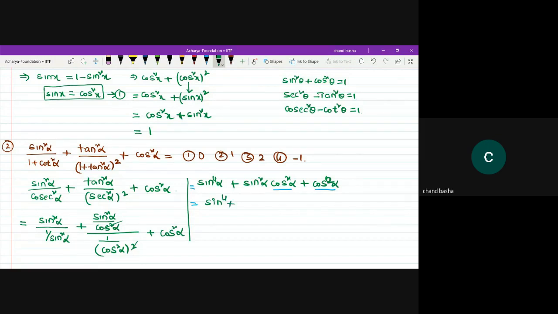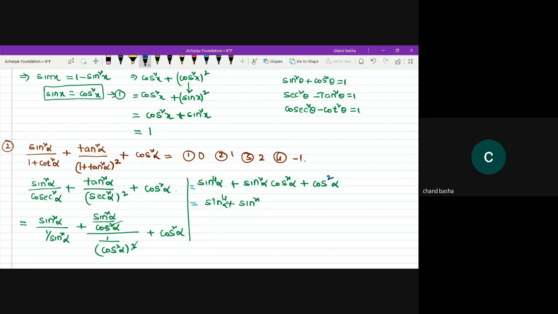Sine power 4 alpha plus sine square alpha, and cos square alpha will be given to you. Now, from the first and second terms, because the third is cos power 4, I got only cos square. The last term is just cos square.